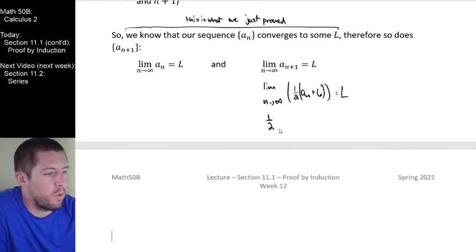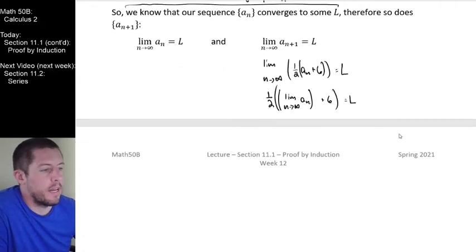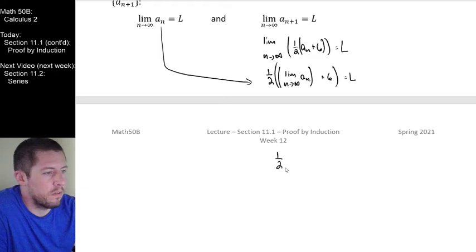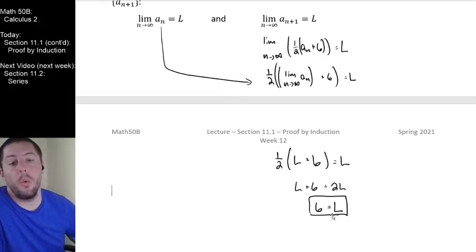So this should be 1/2 times the limit as n goes to infinity of a sub n, plus 6, with two sets of parentheses, should be equal to L. And I know that the limit as n goes to infinity of a sub n is L. And so it seems like I now know that what we converge to is 6.